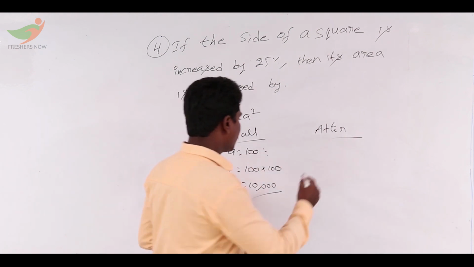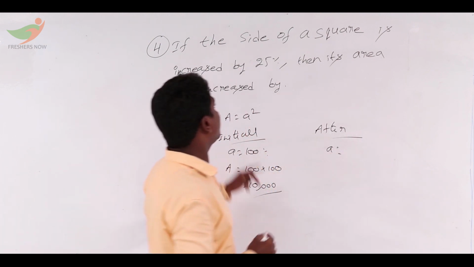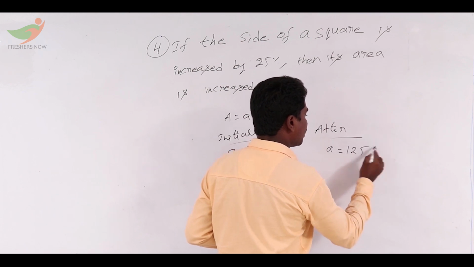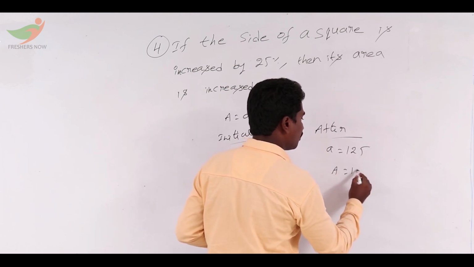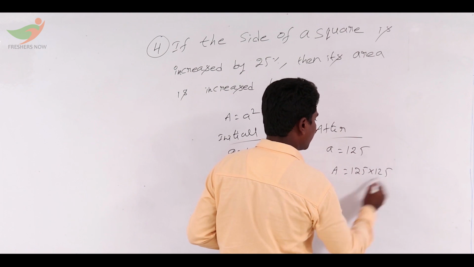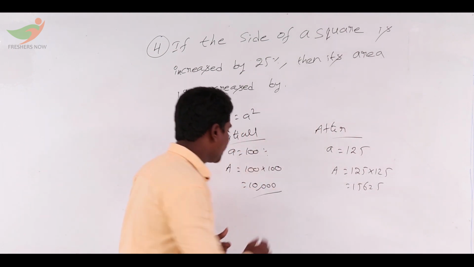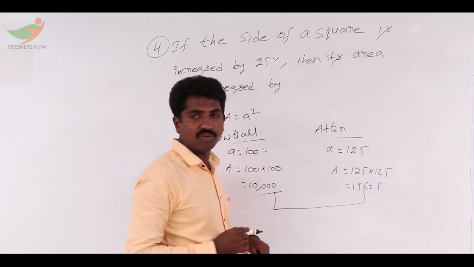After the change, the side is increased by 25%, so 125. Area is 125 into 125, so 15625.